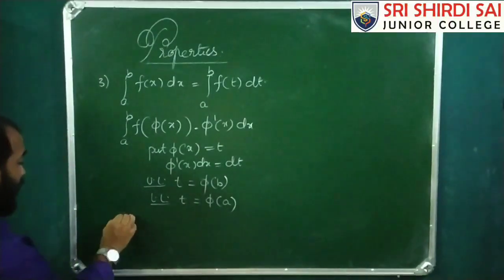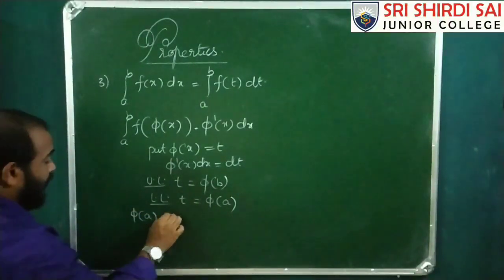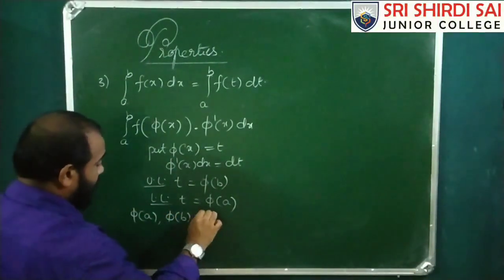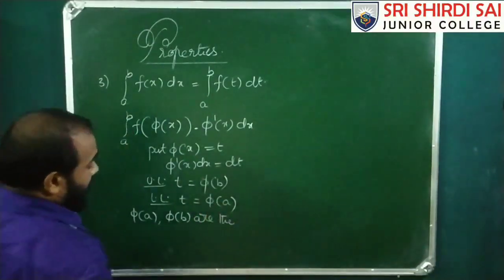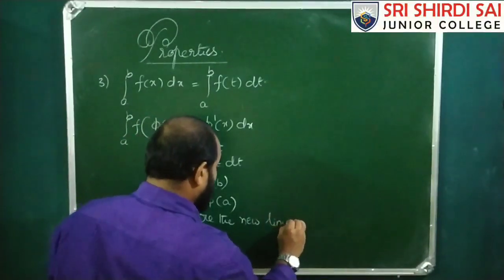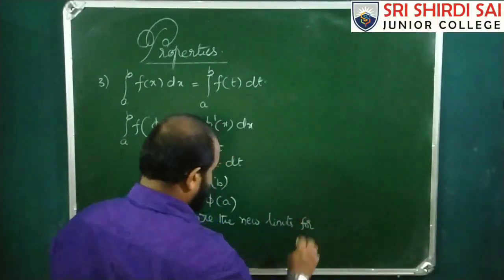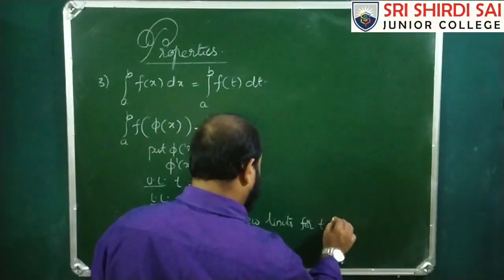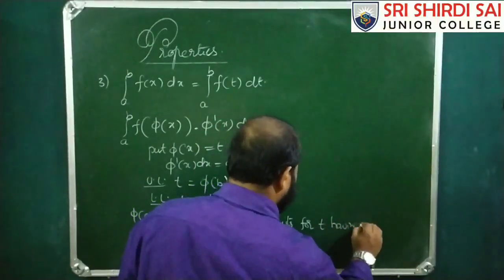Therefore phi of a and phi of b are the new limits for t, having the same range.